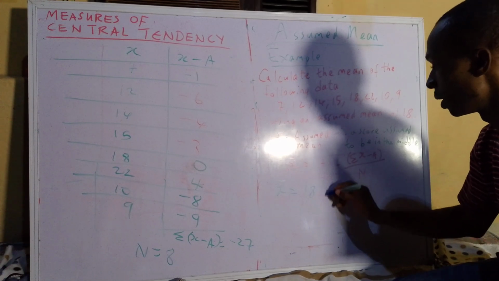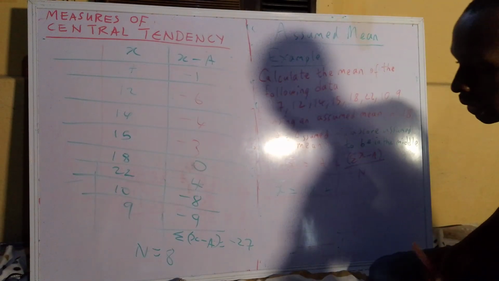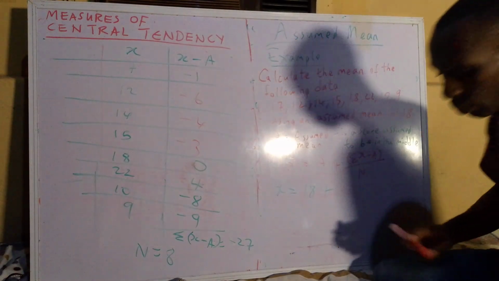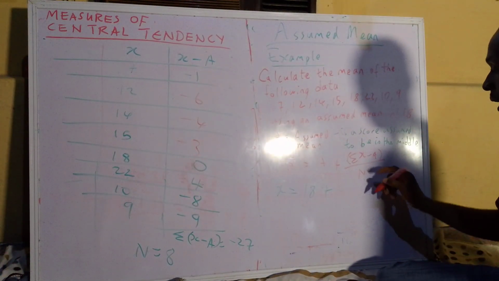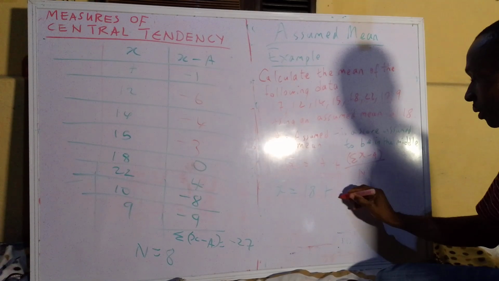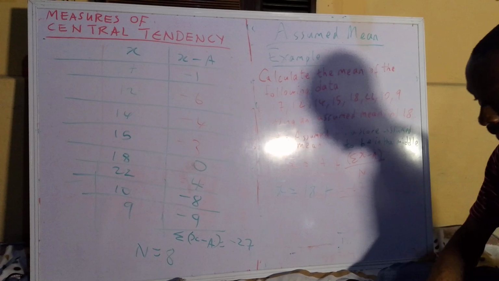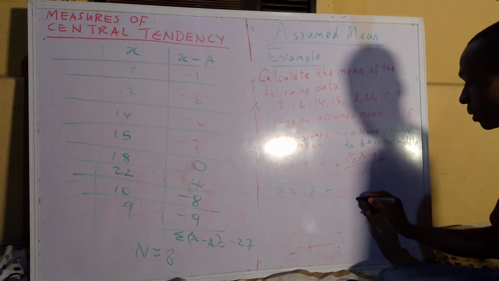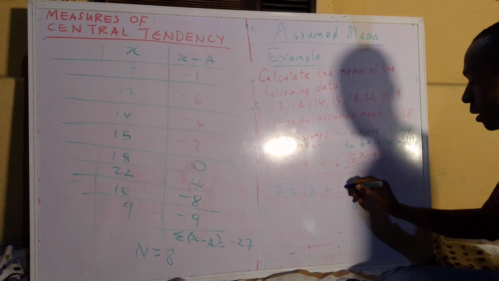Write your 18 plus the summation, which we got to be minus 27, so write minus 27 all over n. N is how many times they appear? They appear 8 times, so write 8.